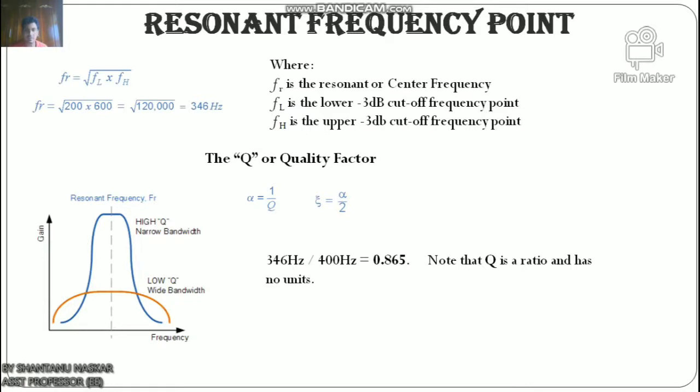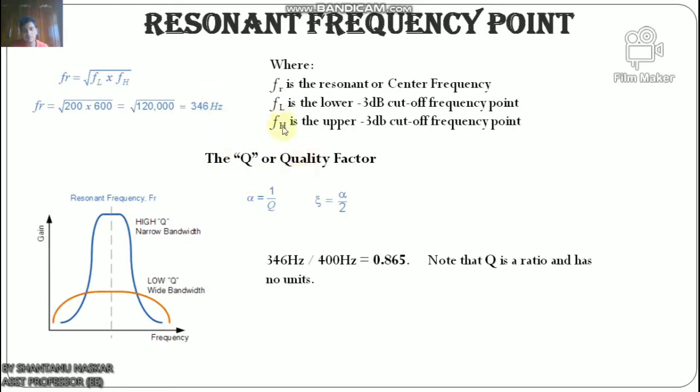In our simple example, if the lower and upper minus 3 dB cutoff points are 200 and 600 Hz respectively, then the resonant center frequency of this active bandpass filter would be Fr equals root over 200 into 600, which is 346 Hz.